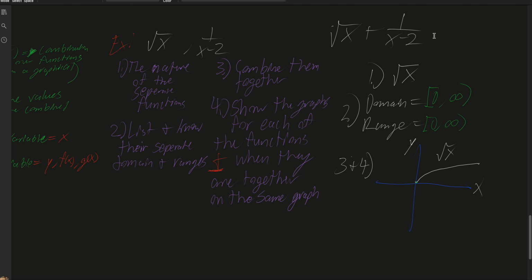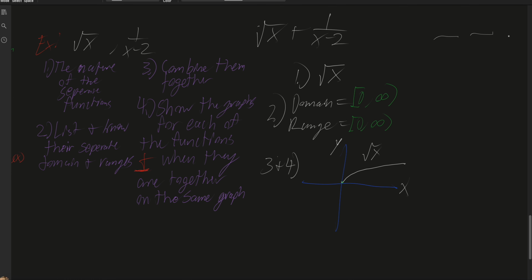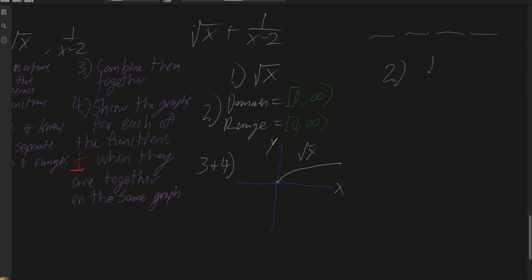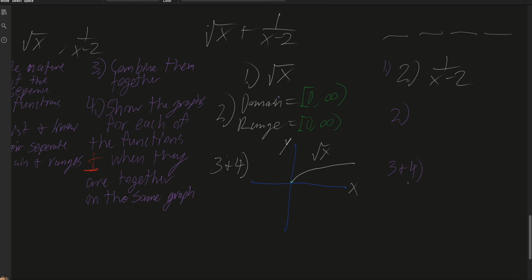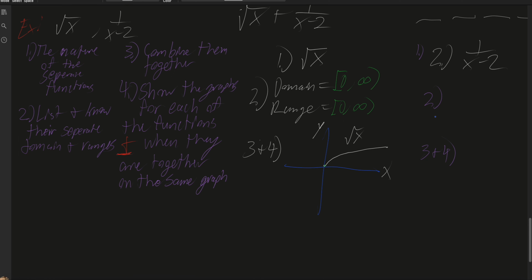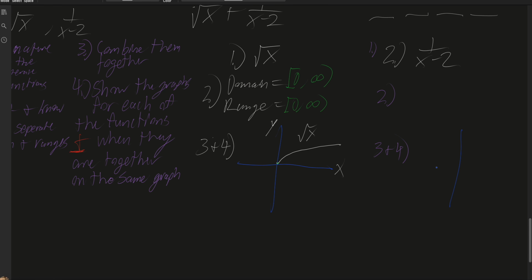And now for the other function that we have over here, let me just create some extra space. There we go. The second part, we would have 1 over x minus 2. So 1, 2, 3, and 4. We can just work backwards, and then we will know. I'm going to point out the graph first.